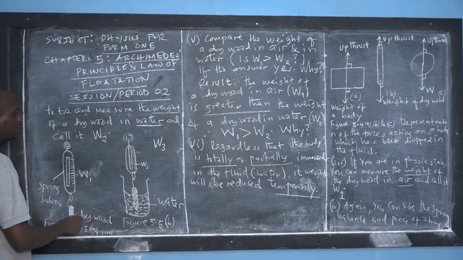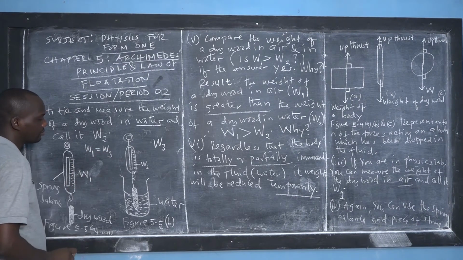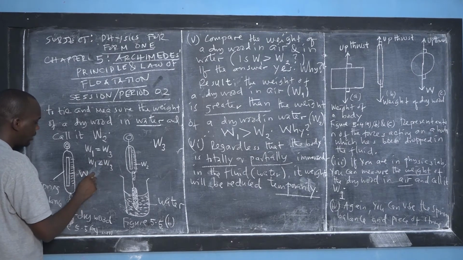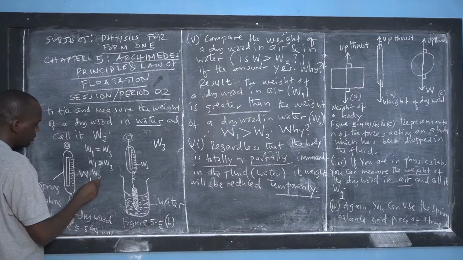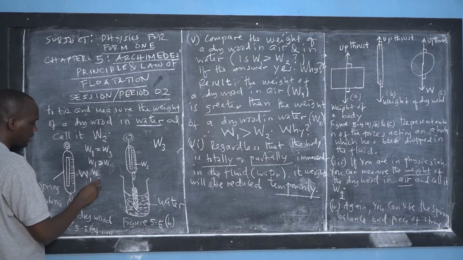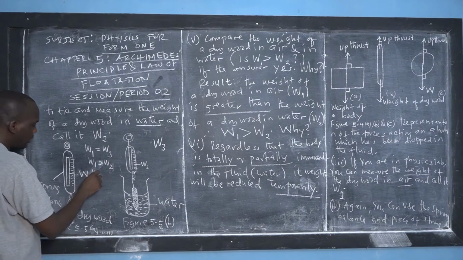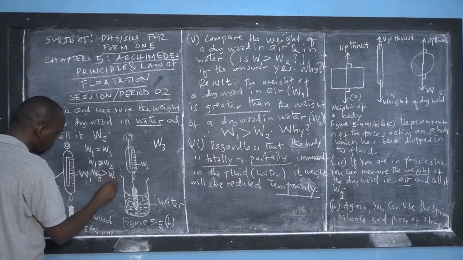So experiments show that weight 1 is equal to weight 3. Weight 1 is greater than weight 2. Then weight 3 also is greater than weight 2.